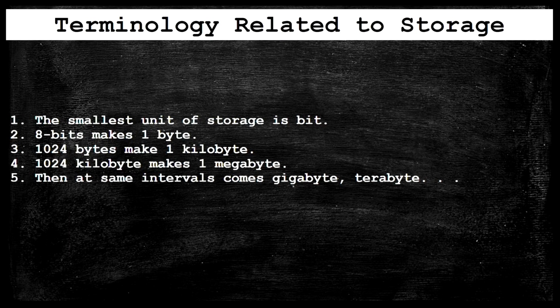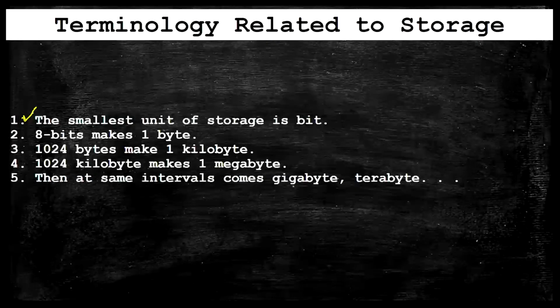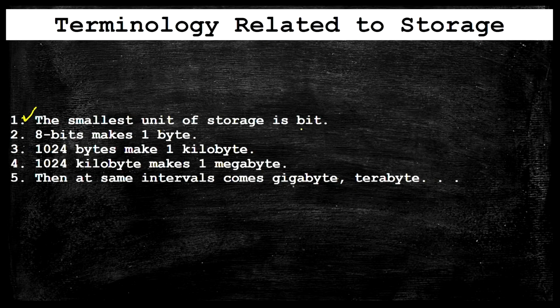See here, the first one reads that the smallest unit of storage is the bit. Okay, 8 bits make 1 byte. 1024 bytes make 1 kilobyte. 1024 kilobytes make 1 megabyte, and at the same intervals after that come gigabyte, terabyte, petabyte, zettabyte, like that.